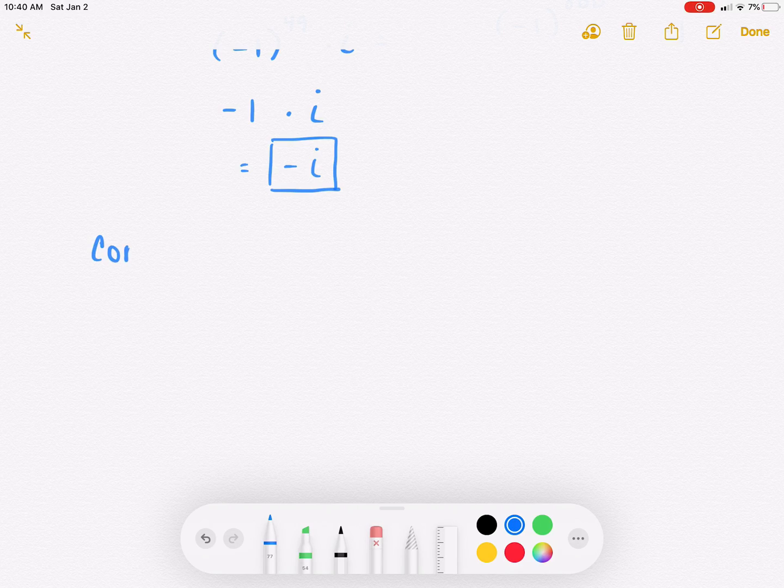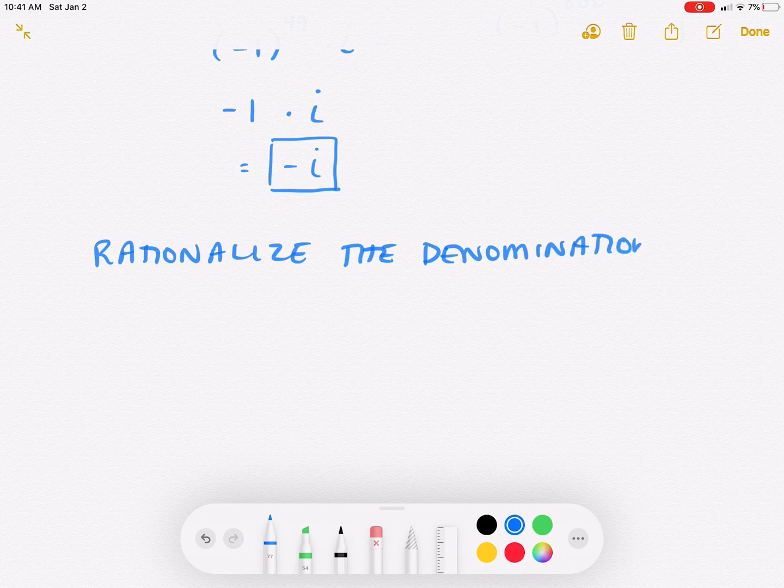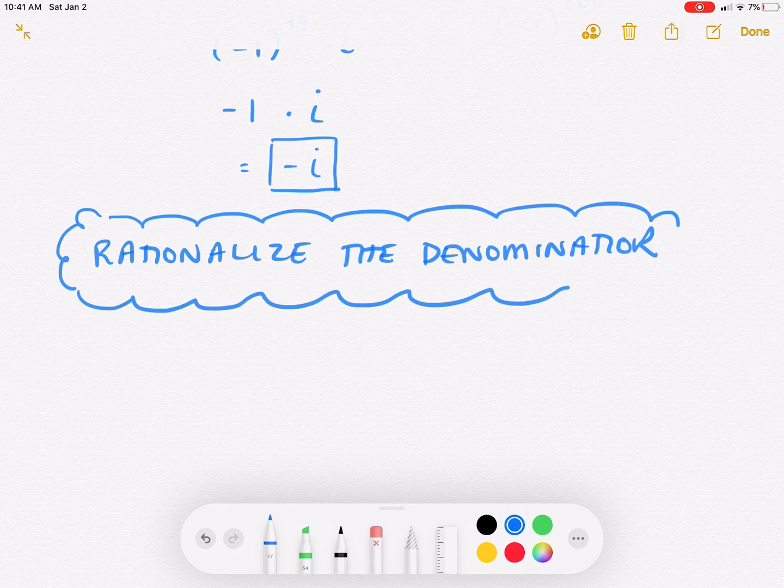The second concept that we are going to talk about is how to rationalize the denominator. It's this idea that to be simplified, the denominator of a fraction needs to be a real number, okay? So now we kind of have two rules for the denominators.